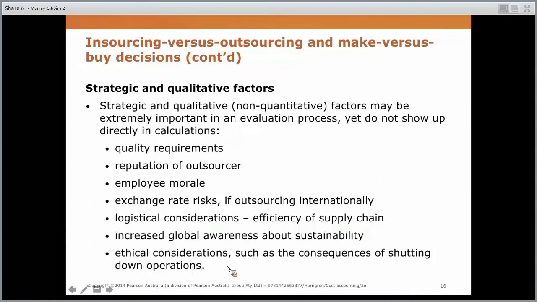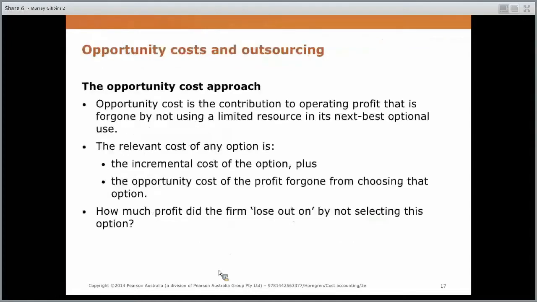All of these logistical considerations need to be considered. And what moral or ethical obligations do you have to your community? What's the flow-on impact going to be if you shut down a particular division in an area? I think managers should consider the wider implications of their decision making beyond the bottom line and the profit.